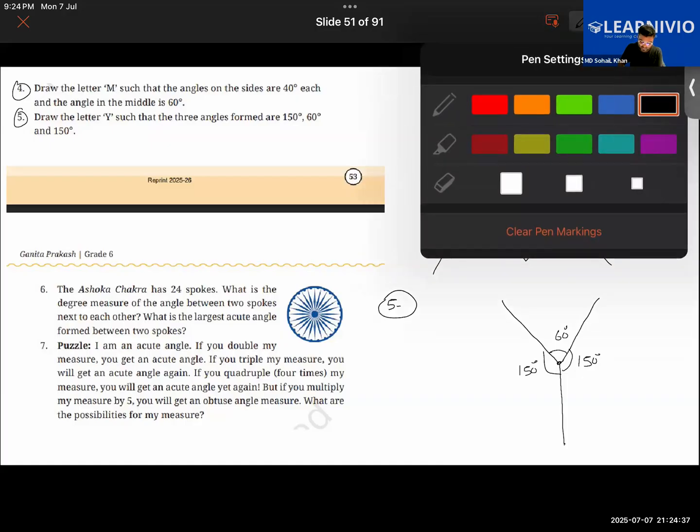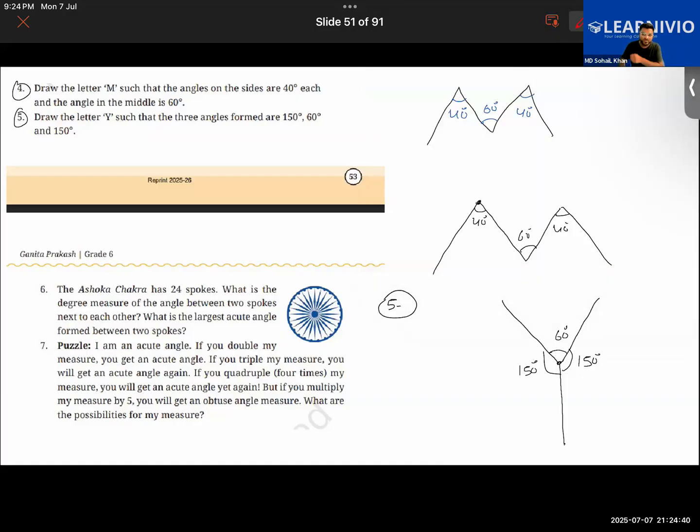Sir, it's very easy. Yeah, it is quite easy. The steps that you have to follow: first you will basically make a slanted line like this. Then mark a point on its edge as the vertex, and from this make an angle of 60 degrees.